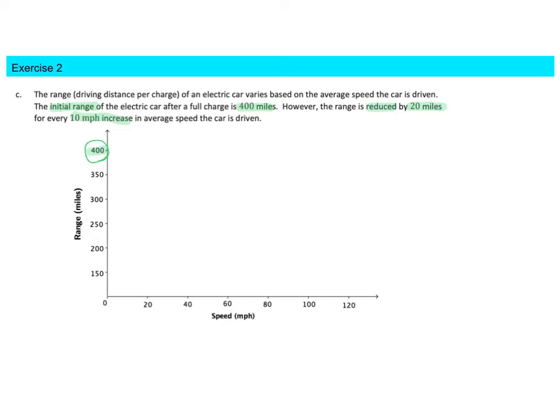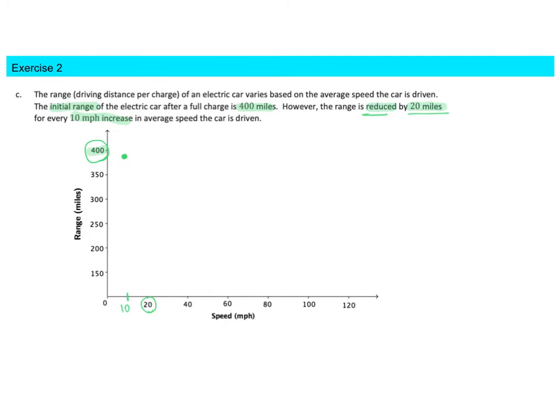Now, if you go 10 miles per hour faster, so this is where 10 miles per hour would be, you're going to be reduced by 20 miles. So we subtract 20 miles, it would be 380, right? Okay, we go another 10 miles, and we're going to be going 20 less than that.